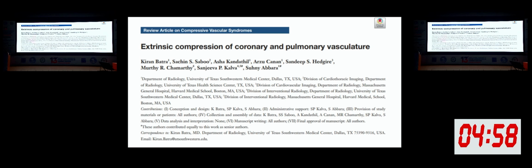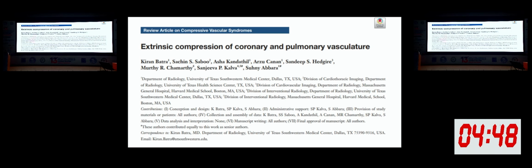Great case. Thank you for sharing the article as well as two interesting cases. We have a large referral center for adults with congenital heart disease. Because that population has an increased incidence of enlarged pulmonary arteries, when they come to us with a diagnosis of chest pain, we do a multi-phase coronary CT on them, and we look at the left main.